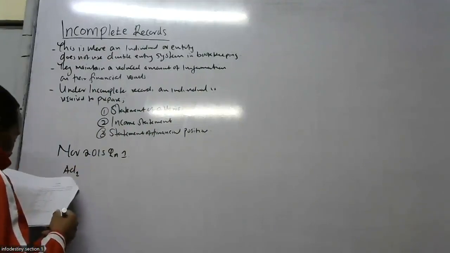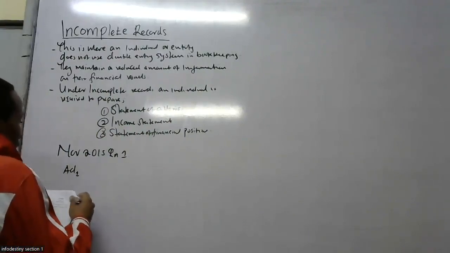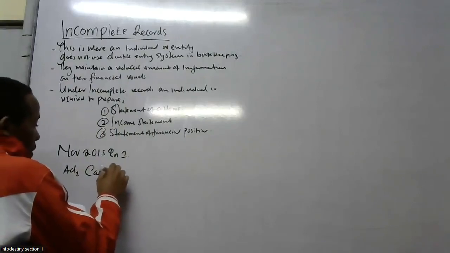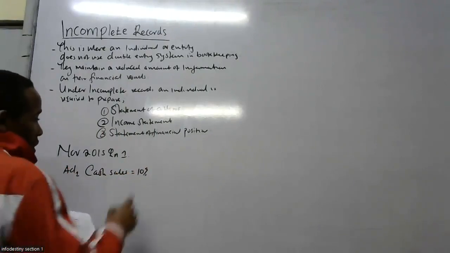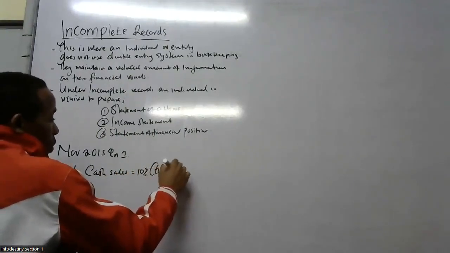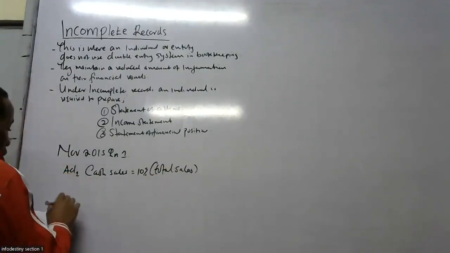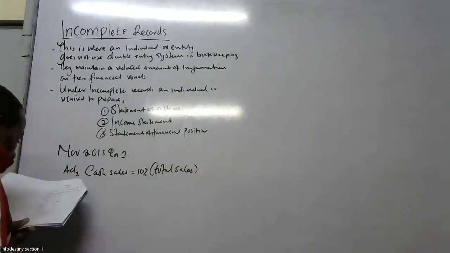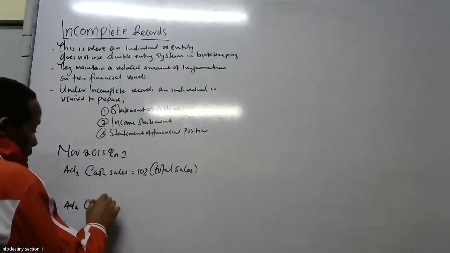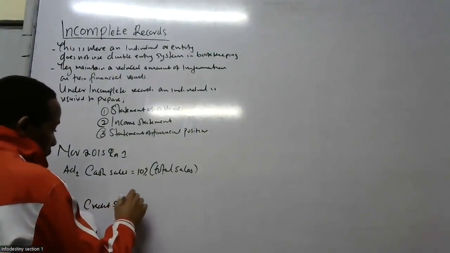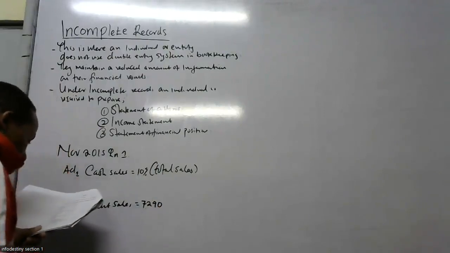For additional information one, we are told that cash sales amounted to 10% of total sales. Then additional information two: we are told that credit sales amounted to 7290.